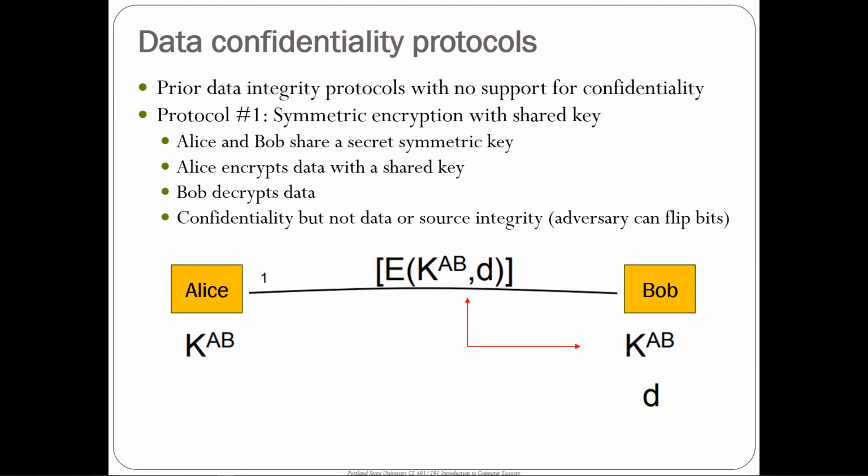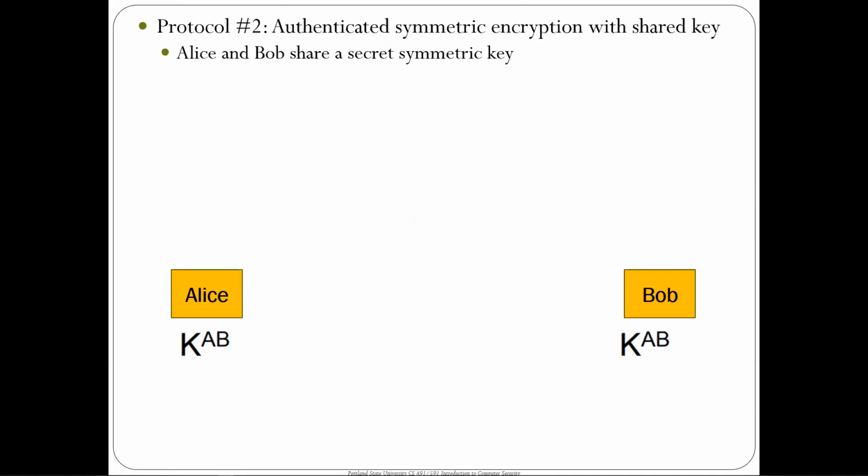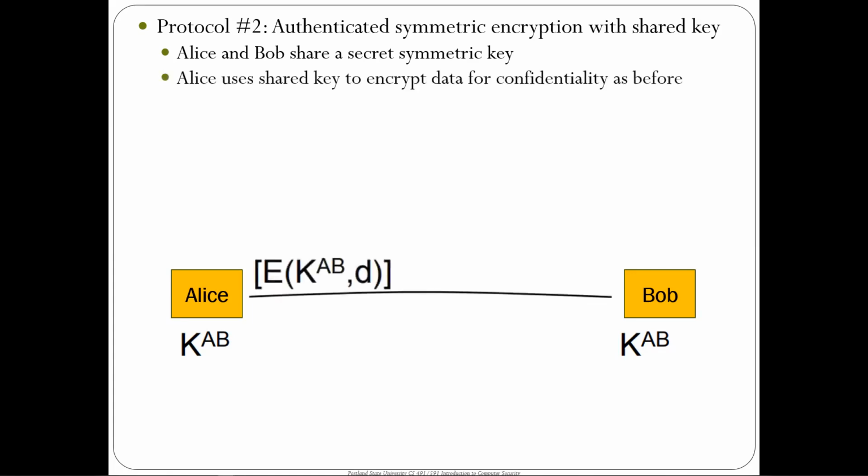We're going to build on top of this. So the next thing you could do is to try and do some authenticated communication that's encrypted, so authenticated symmetric encryption. And then you would, again, start with this shared key, K of AB, so they share the symmetric key. And then Alice is going to, again, use the shared key to encrypt the data to get confidentiality, just as before.